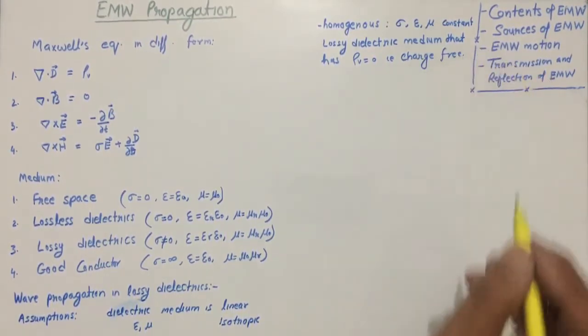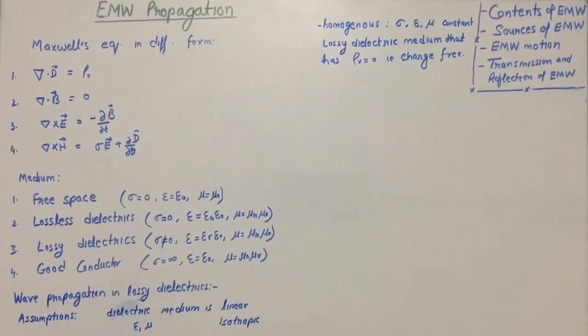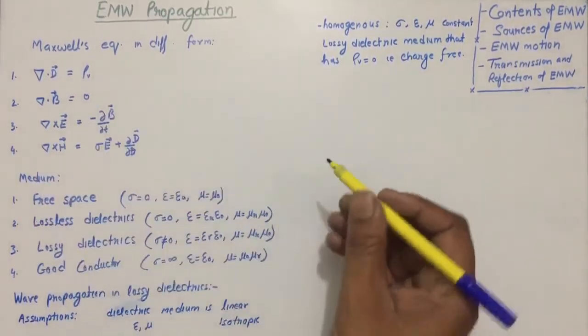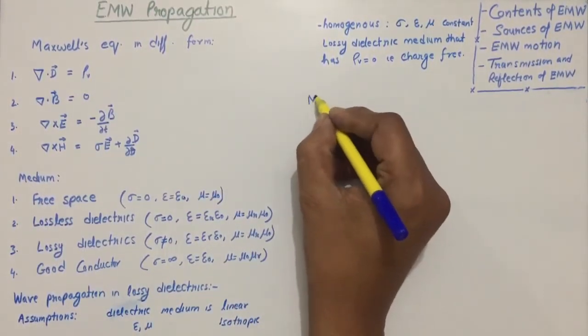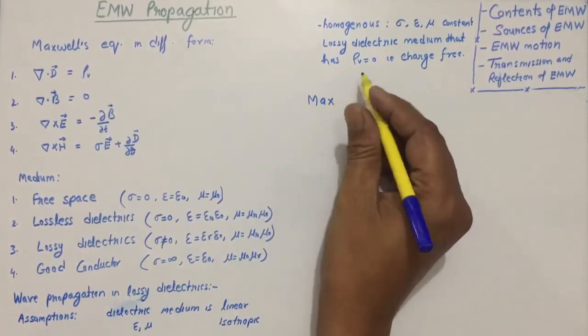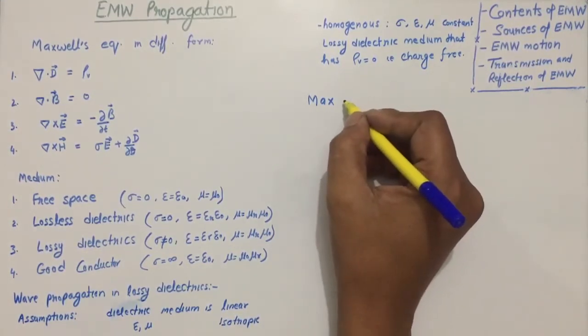With these assumptions we will start our discussion. Now we will try to write the Maxwell equations in phasor form. That will help us a lot to find the propagation of the wave.